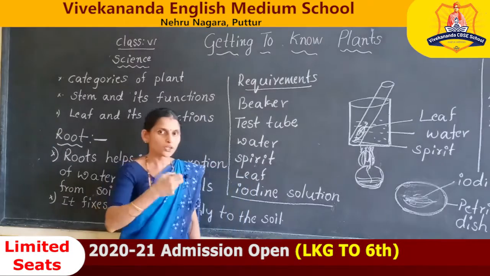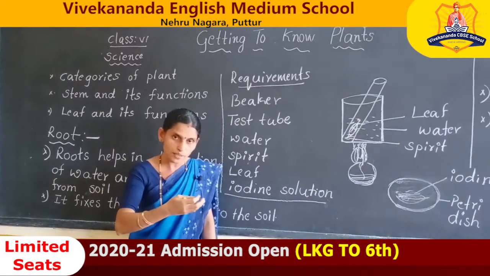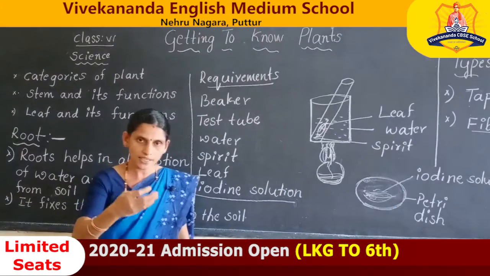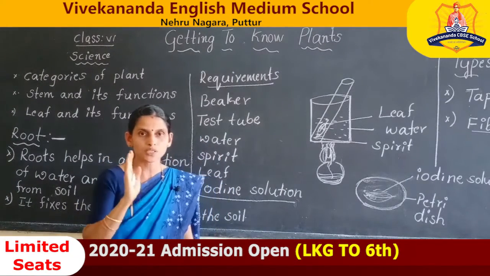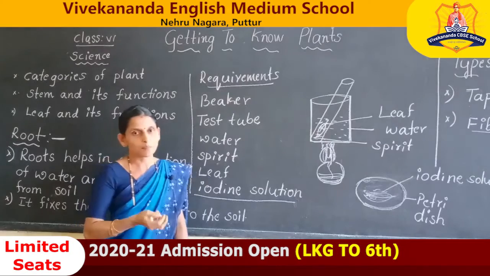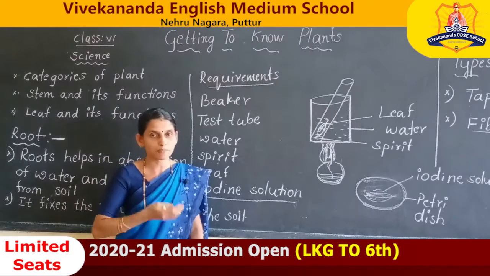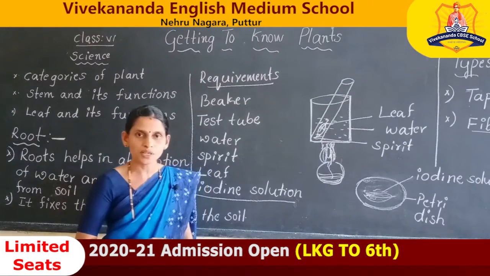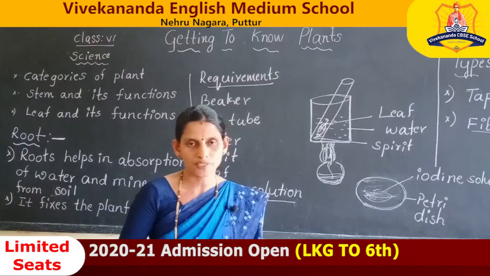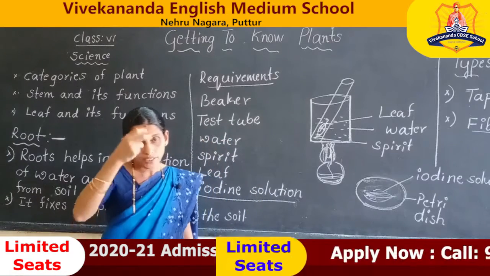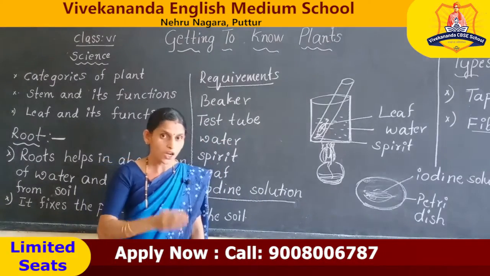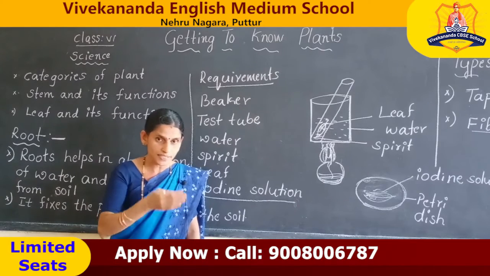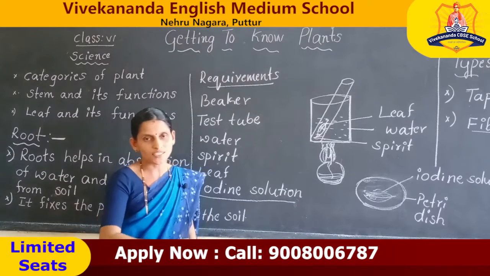The leaves, by using this water, perform photosynthesis, that means prepare food, and this food is stored in the form of starch. So that starch is translocated through the stem downwards towards the root.